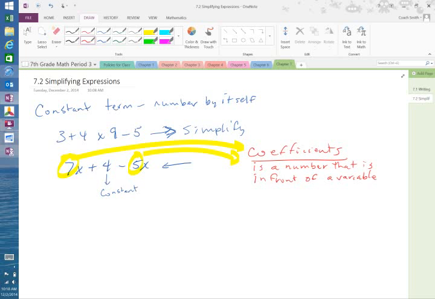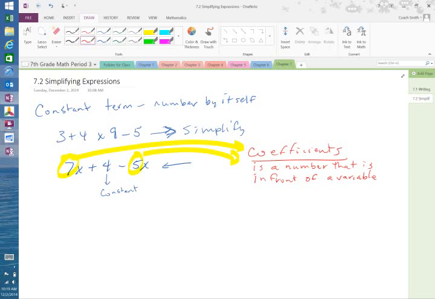Okay, and we call that a coefficient. A coefficient is a number that's in front of a variable.